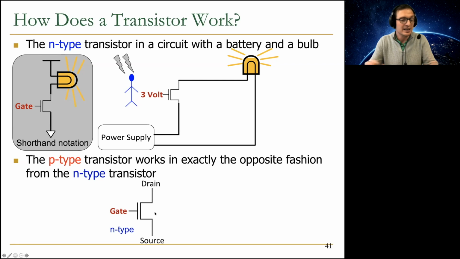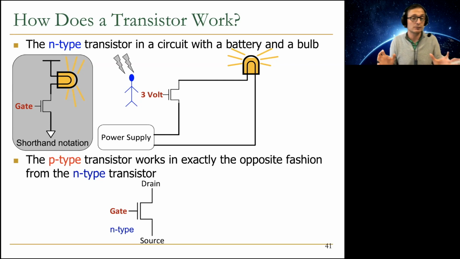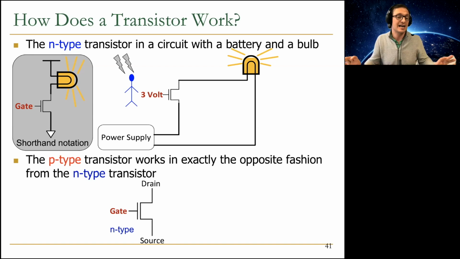If one type of transistor worked really well for conducting all types of voltage levels, then you wouldn't need different types of transistors.